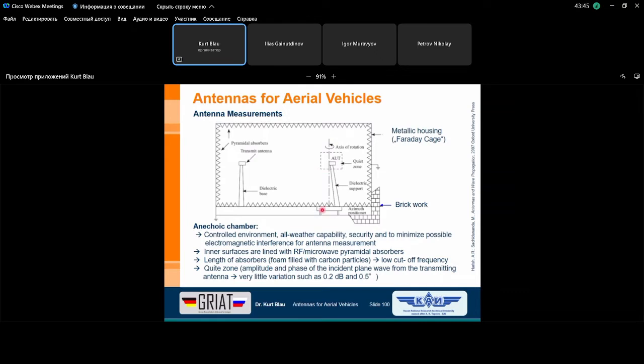Here it's, for instance, given with a magnitude error of 0.2 dB and a phase error of about 0.5 degree. And this determines the so-called quiet zone. You can allow larger errors for this quiet zone or smaller errors, depending on what you want to achieve or what you want to document or save in your technical description.